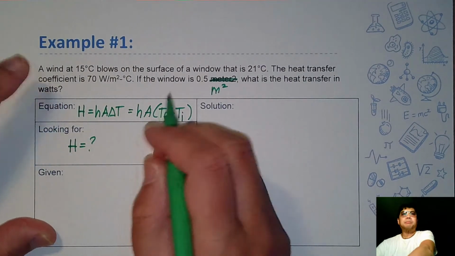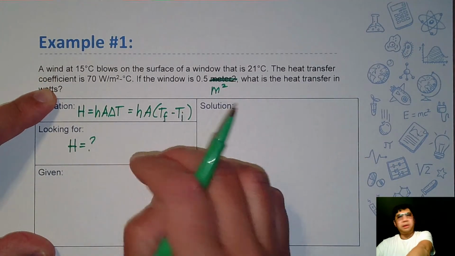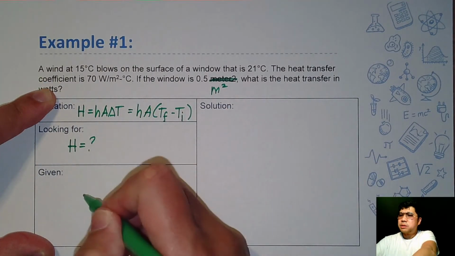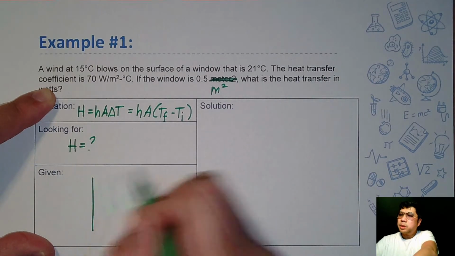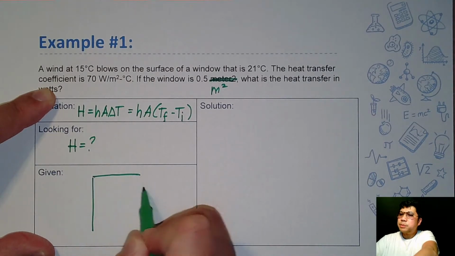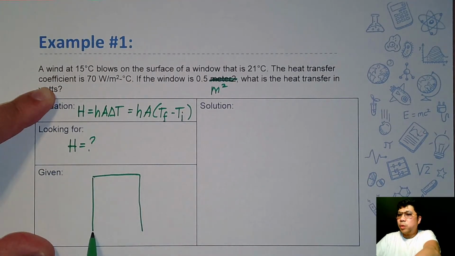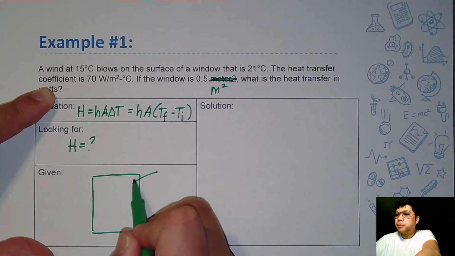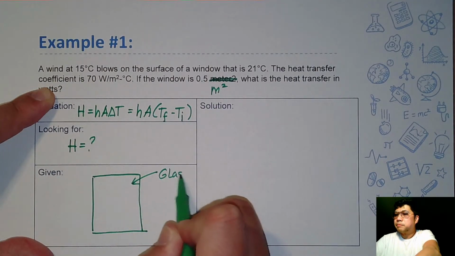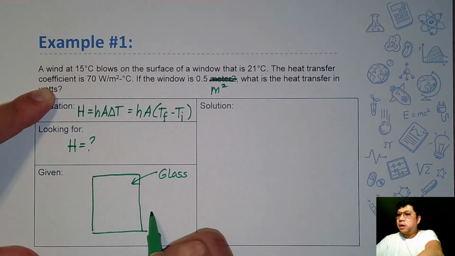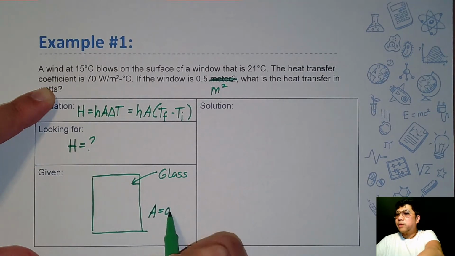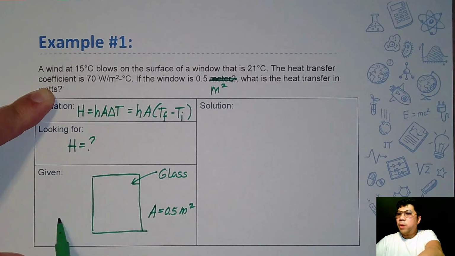So usually I would write down the different givens, but in this case, I would just draw it first. So let's say this is your window. It's made out of glass, so this is your window pane glass. The area of the glass is 0.5 square meter. We have wind passing through.